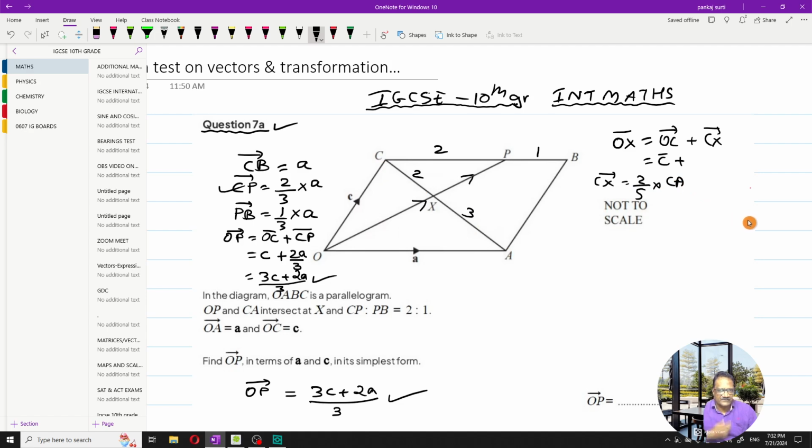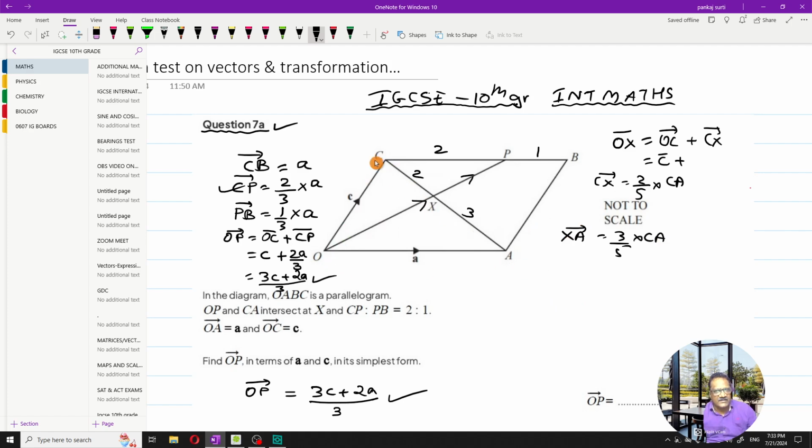So CX will be equal to 2 upon 5 into CA, right? And in the same way your XA will be equal to 3 upon 5 into CA. So CX is 2 upon 5 into CA. But do we know anything about CA? No, we don't. So let us try to find out CA.